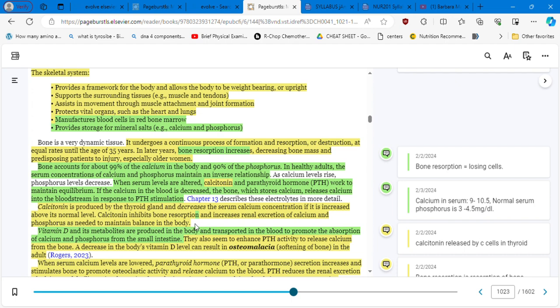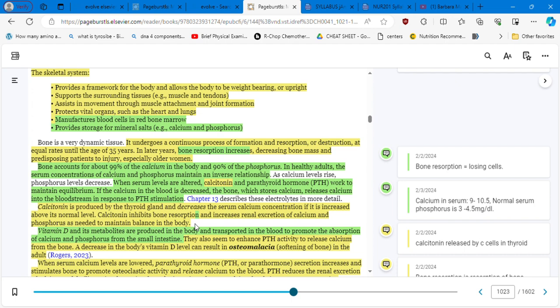So calcitonin is going to reduce the calcium in the serum by telling the bone to stop the destruction, and it gives the order to the kidneys to increase renal excretion, get rid of that calcium, and maybe increase the level of phosphorus.